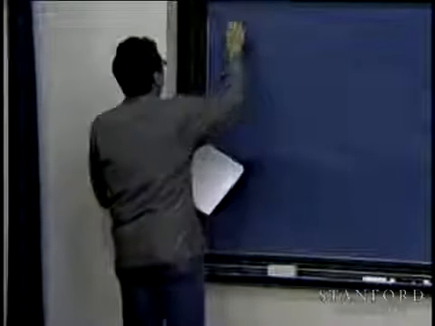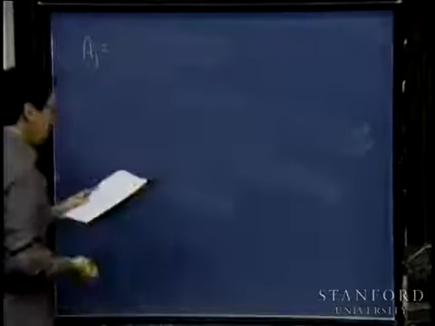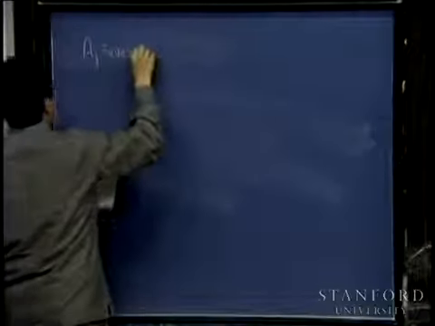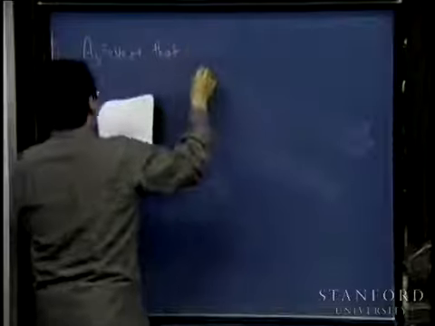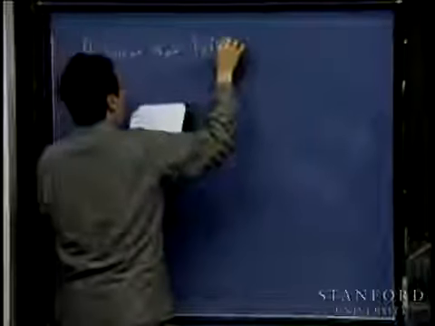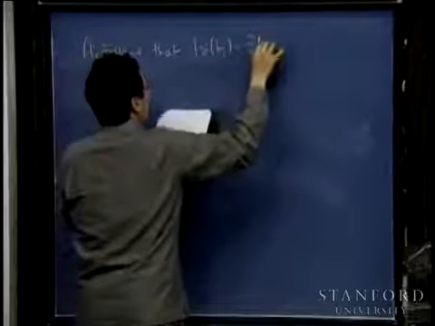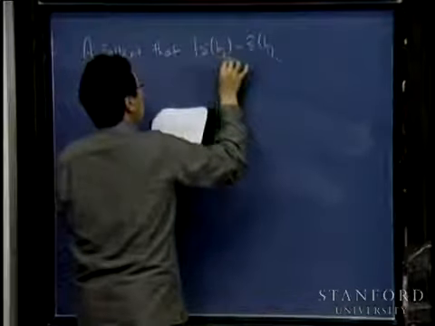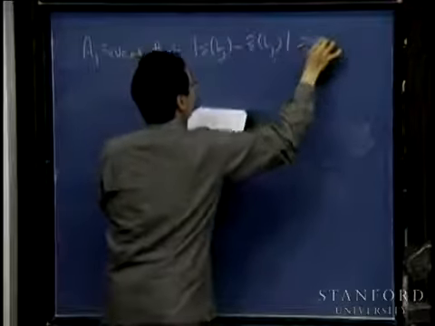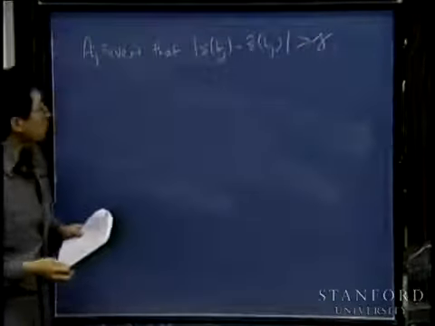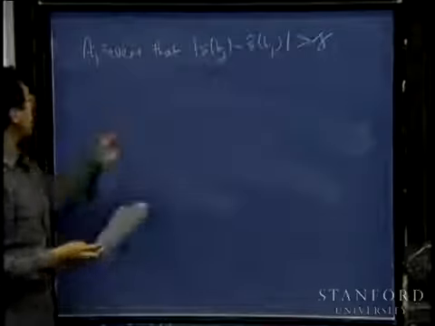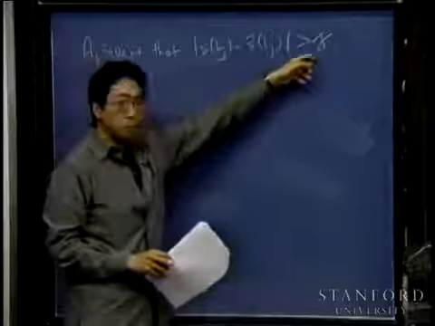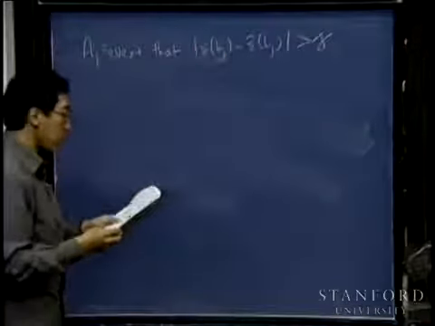So in order to show that, let me define a random event. Let me define Aj to be the event that the difference between training and generalization error is more than gamma on hypothesis hj.